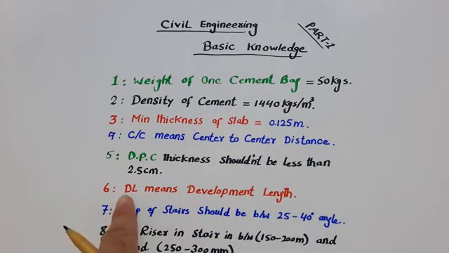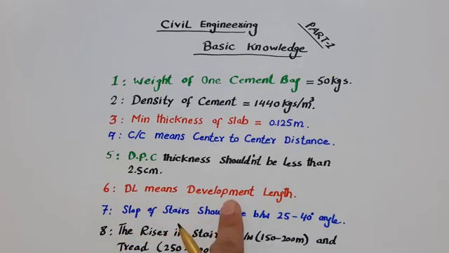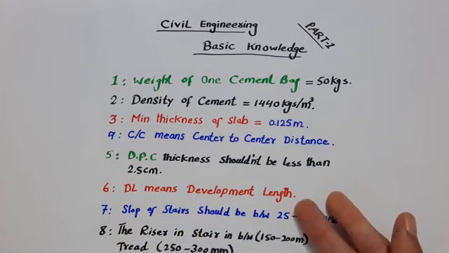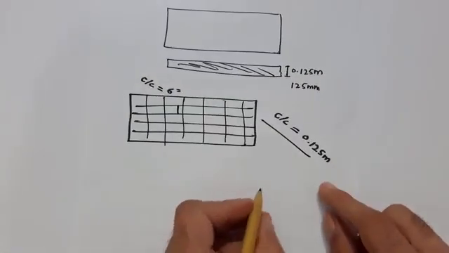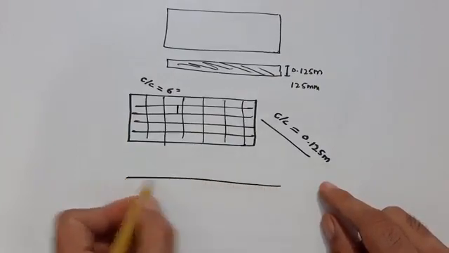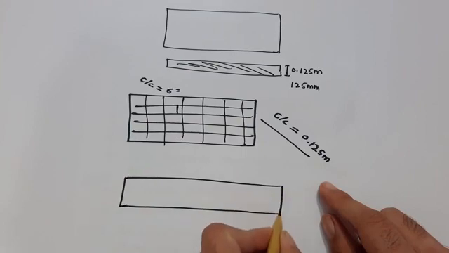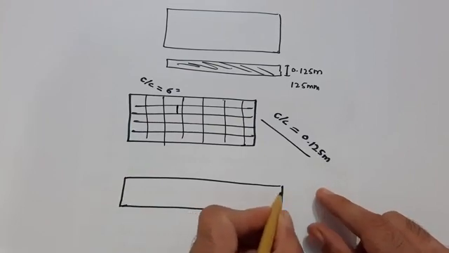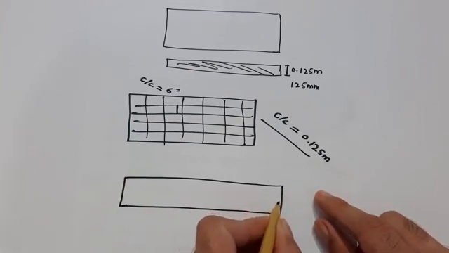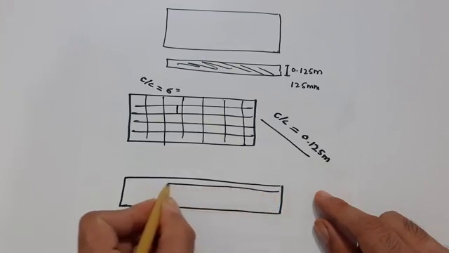The sixth one is, guys, DL, means development length. What is development length? Guys, you can see here, this is beam. Inside this beam I am providing the steel rods, in long section. These are steel rods.